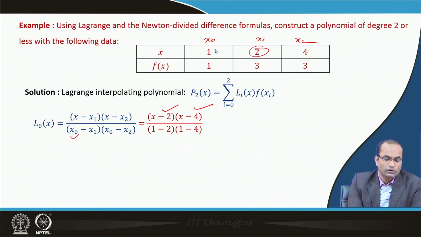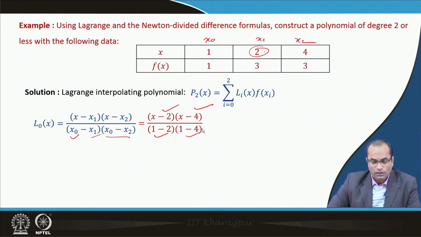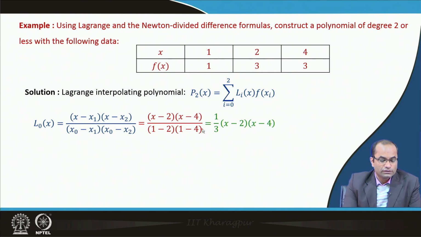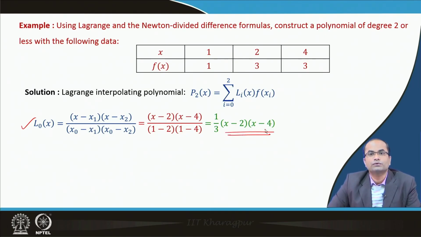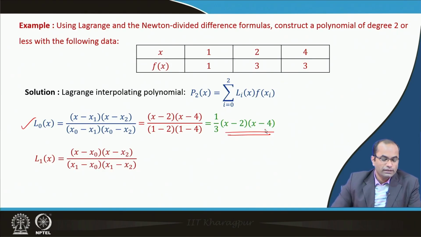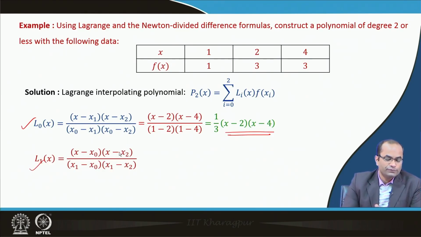Then we have x naught, that is 1, minus x 1, that is 2, and x naught minus x 2, that is 1 minus 4. So, for the Lagrange polynomial of degree 2, L 0 we have (x minus 2)(x minus 4) by 3.